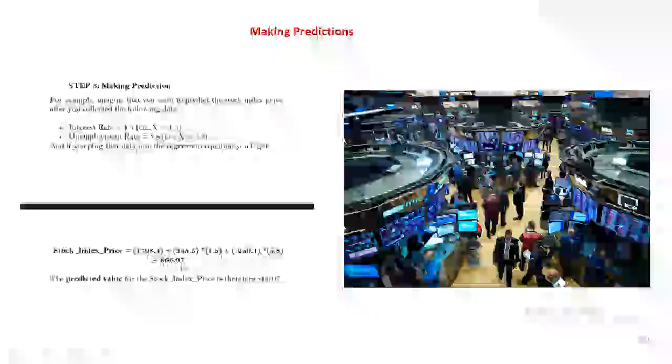Now you have a formula, you have equations, so now you can play with it. For example, the government has this data, so what are they going to do? They will try to decrease the unemployment rate and increase the interest rate. If you increase the interest rate and decrease the unemployment rate, you will have an index price of, let's say, more than 1000.